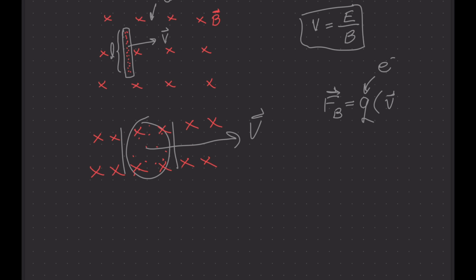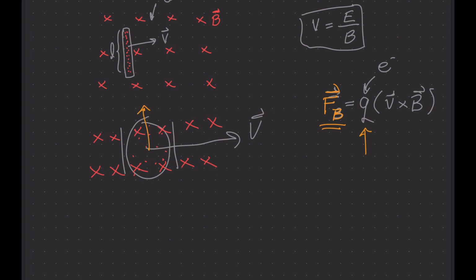And we have here v cross B. So using the right hand rule, I can point my thumb in the direction of v, my pointer finger in the direction of B, which is down into the page, if you're looking at this screen on a flat table. And then F_B, this guy right here, I'm going to draw it in orange, is going to be going upwards.